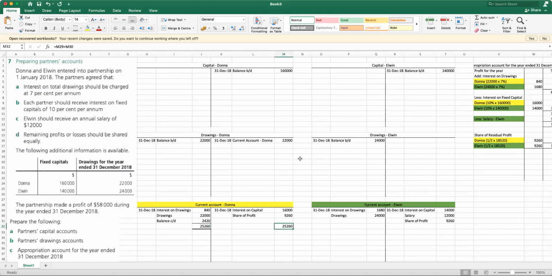Do the same thing here. Draw lines. This amount, balance carried down. Then I'm just going to bring it down as balance brought down at the bottom here. Balance brought down, 420.